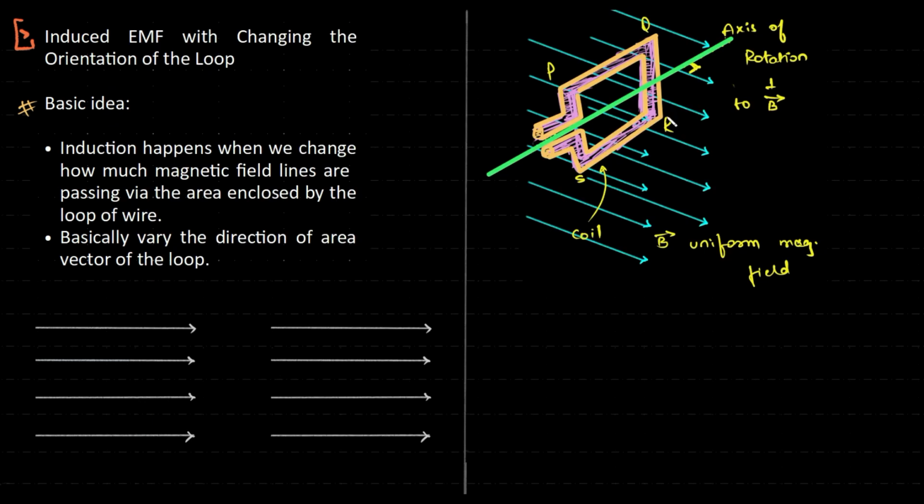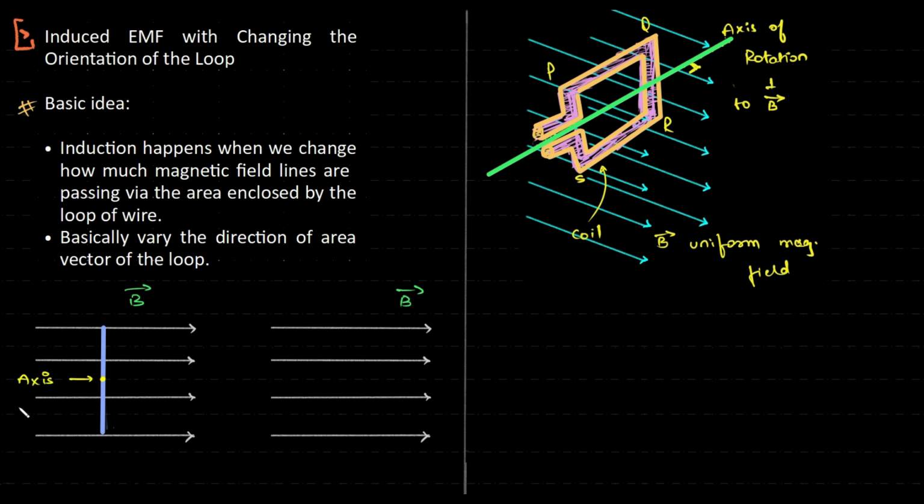So that being the axis of rotation, PQRS in your diagram being the coil, B being your magnetic field, what happens? Let's have a look from the side. So this is our side view. Say this is our coil. I'll represent it with just a single straight line. That is your axis of rotation.